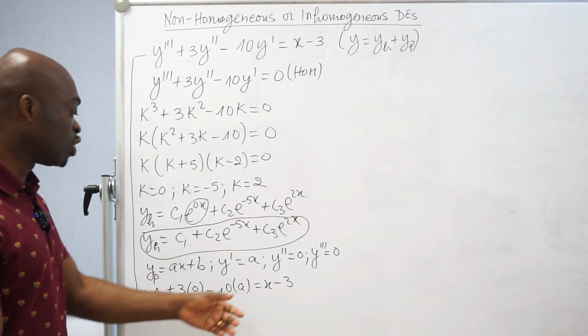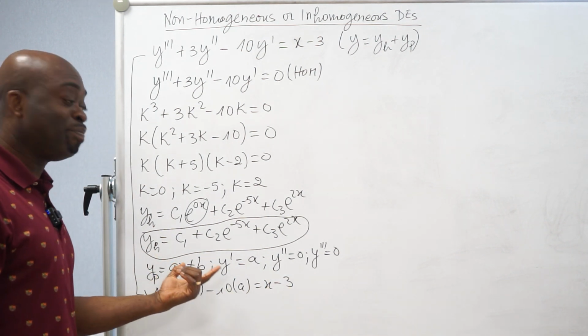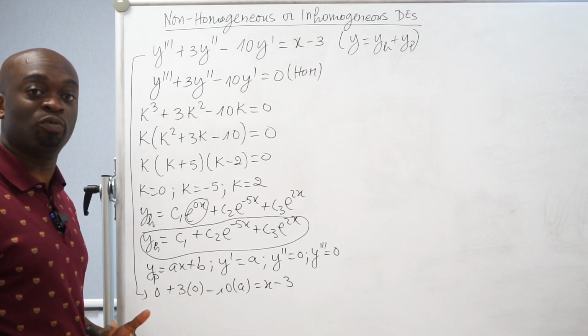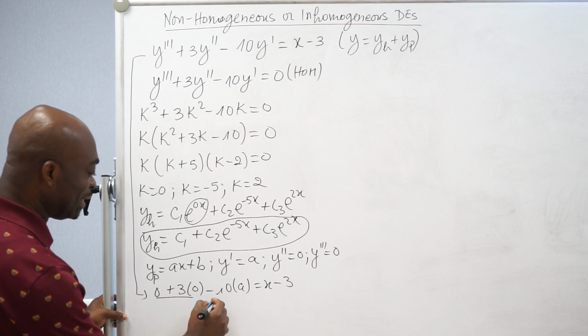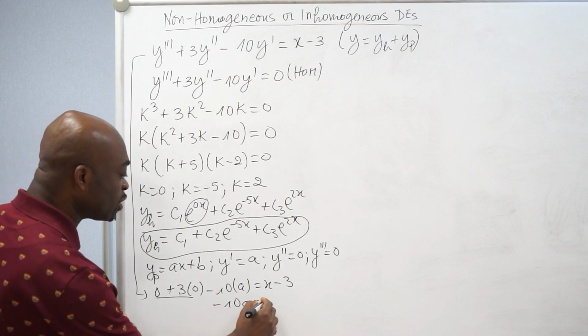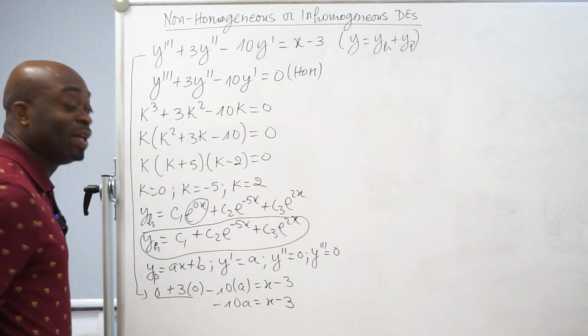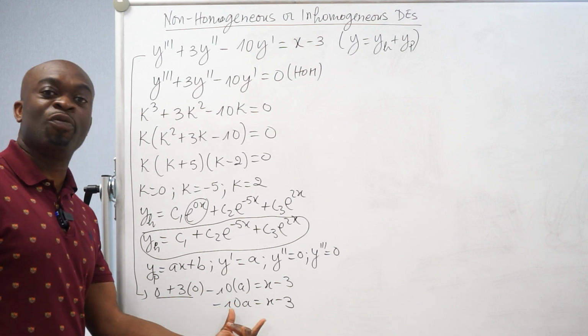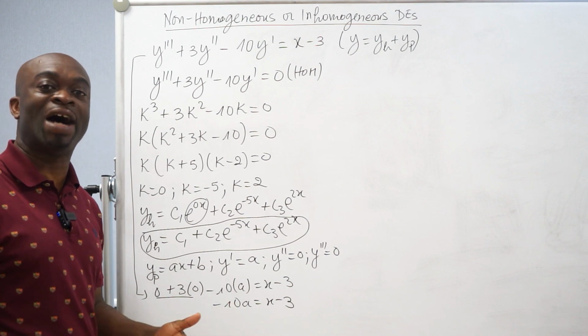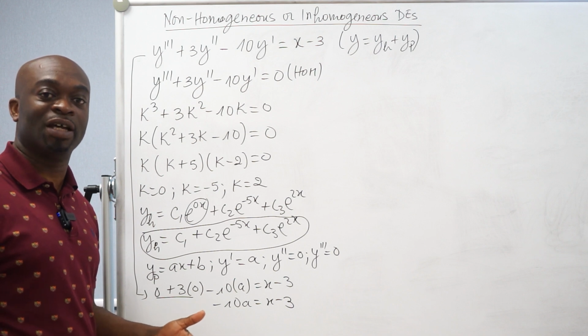So we're solving for A and B. Those are the parameters that we're working with. These two terms are 0, and this one is -10A = x - 3. Now, as we're solving for A, there's not even a B. How can we solve for A here? We're looking for a value, a constant, a number.